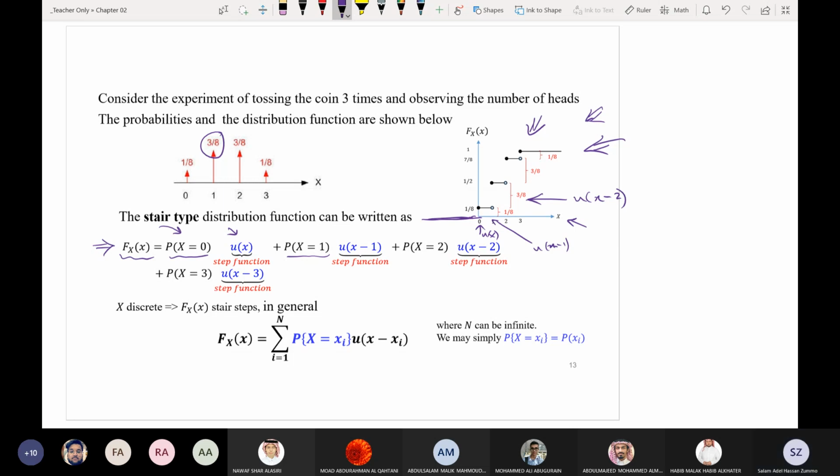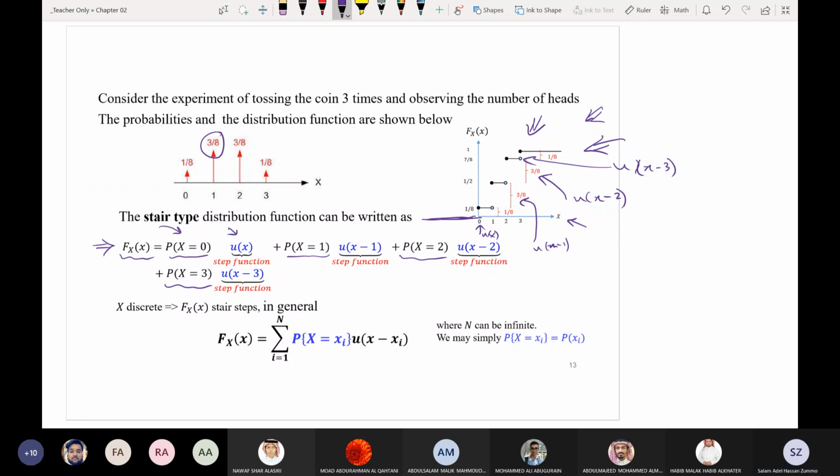هذه this is it. وهذه كانت تمام. And the length حقها كم كان؟ probability x equal to 2 plus the last step function which is at x equal 3 with the length of probability x equal 3.